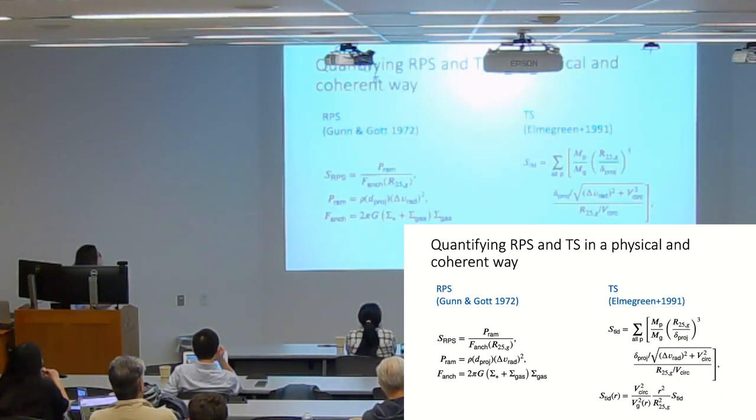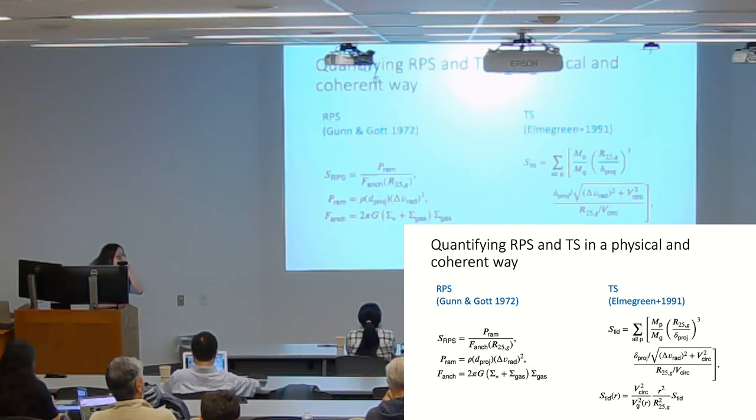There are existing classical models to describe ram pressure stripping and tidal effects. There's the Gunn-Gott model to describe ram pressure stripping, and the Binney model and other models to describe tidal stripping. Here I list their equations, and I only slightly modify them so that it's easier to apply them to observables.